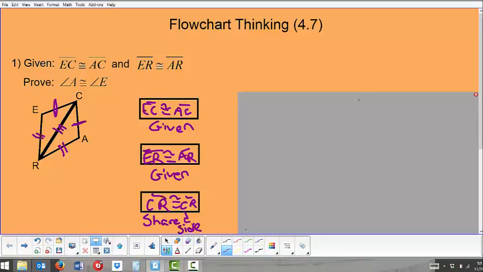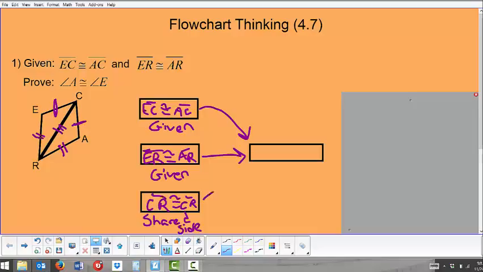Those 3 things together tell us something about the triangle. So I'm going to use arrows to say, okay, this right here points to this, along with this, and along with this. So these 3 things tell us that triangle ECR is congruent to triangle ACR.